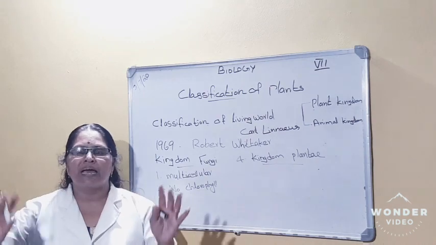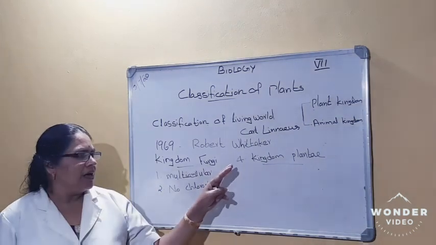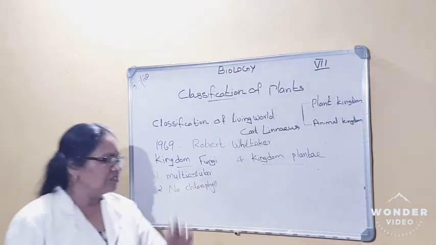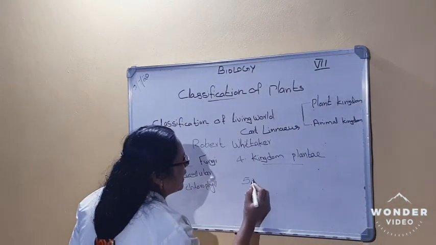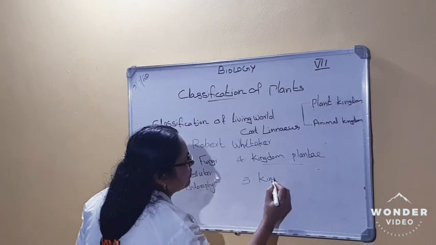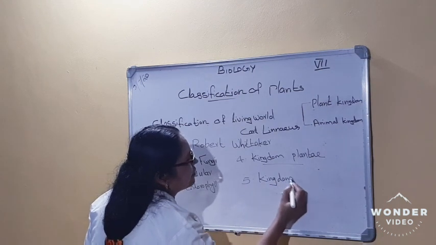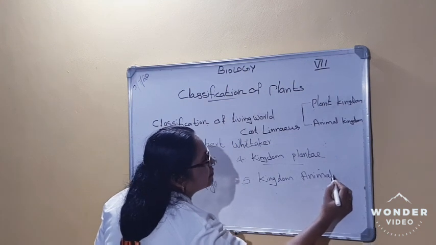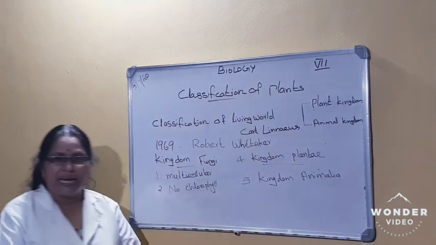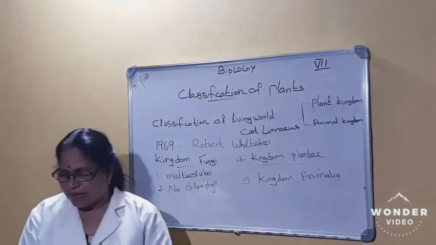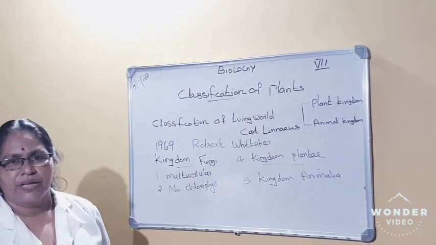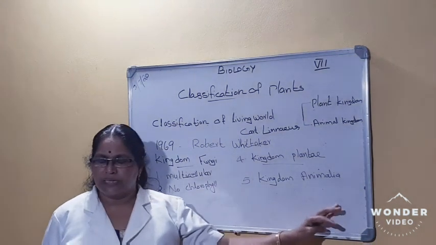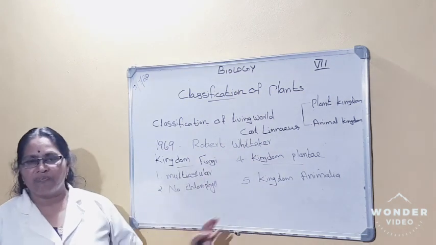All the plants around us can be put together in the kingdom Plantae. The next one is the kingdom Animalia, also known as kingdom Animalae. That means all the animals together in this group. So these are the 5 kingdoms.